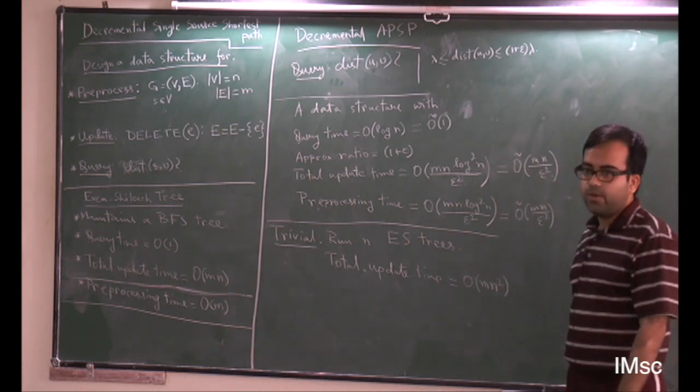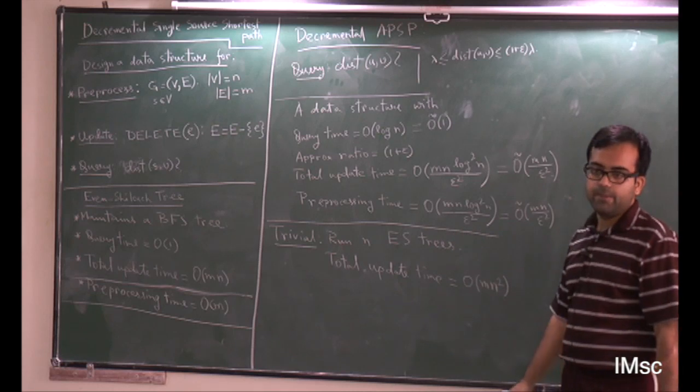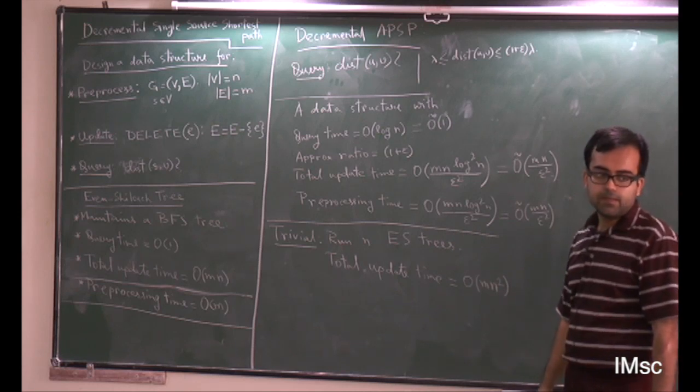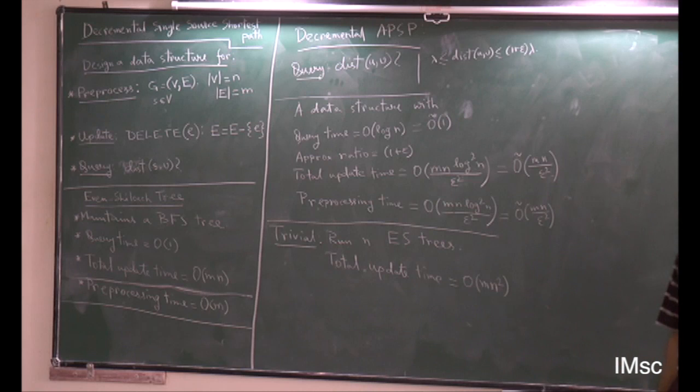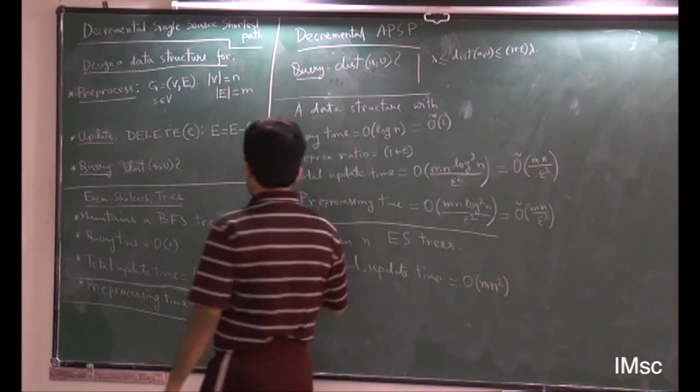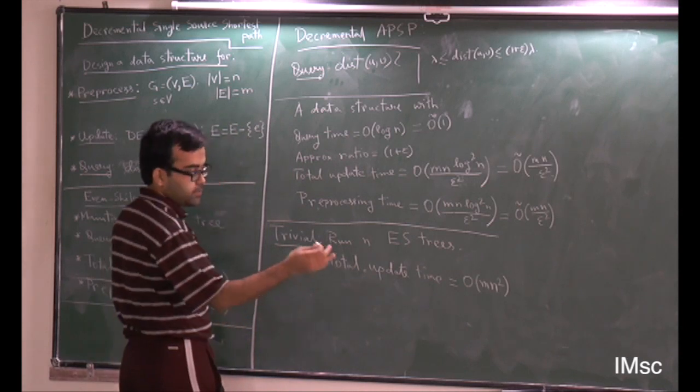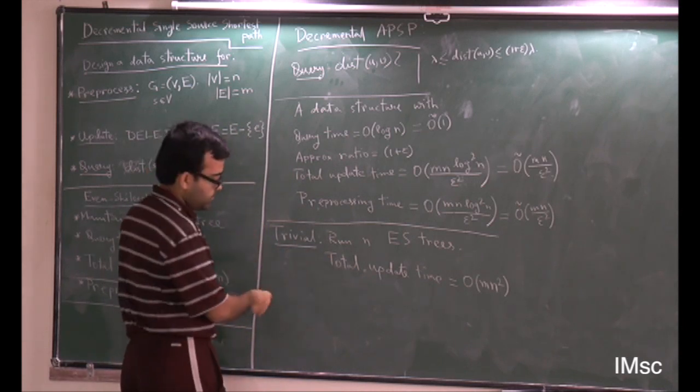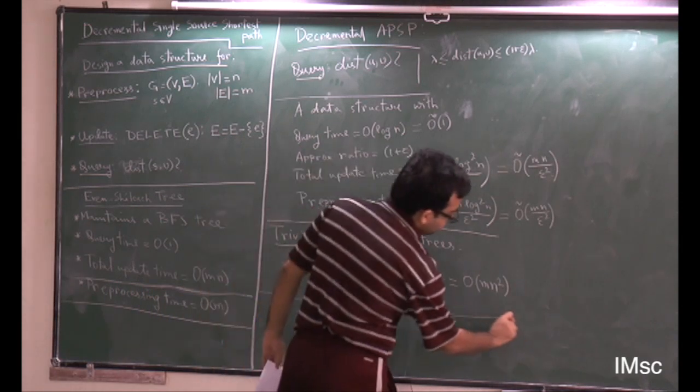Okay. So, now what is the best you can do for the static problem, all pairs shortest path? The best known combinatorial algorithm for the static problem itself takes mn time, because you need to run n Dijkstra's algorithms, one from each node.